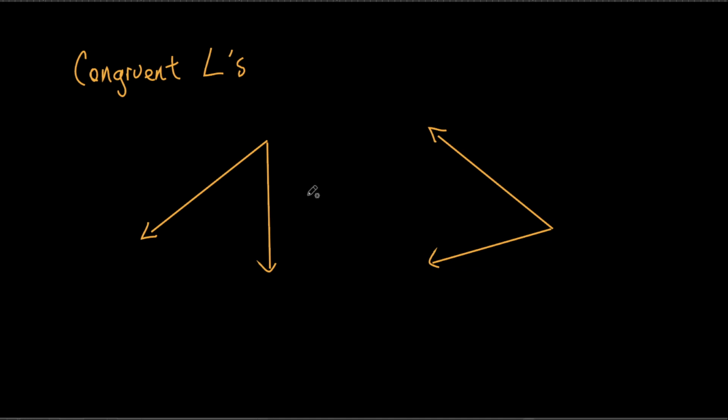So let's see. What if I call this angle X and I call this angle Y? Am I allowed to call this just angle X? I thought I had to use 3 letters for an angle. You do? So I can't just call this angle X? No, I can if what? Okay, it's the endpoint, but if there's no other angles coming out of that endpoint or that vertex, right?